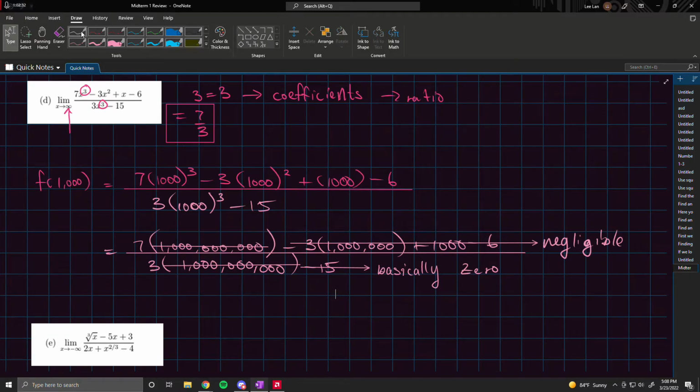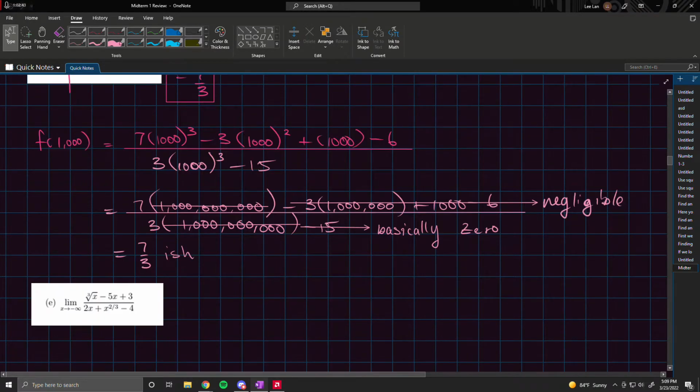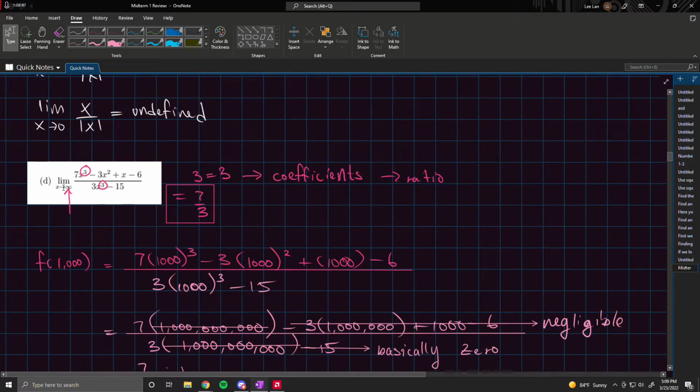So in the long run, you should just get 7/3 ish. It is basically 0, but it's never going to be equal to 7/3. So in the context of these infinite limits, you look at the powers of x. If they're equal, then it's the ratio of the coefficients. In this case, it's just 7/3. Hopefully that gave you some intuition on why this is the case.